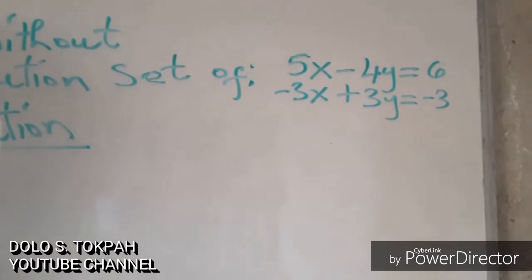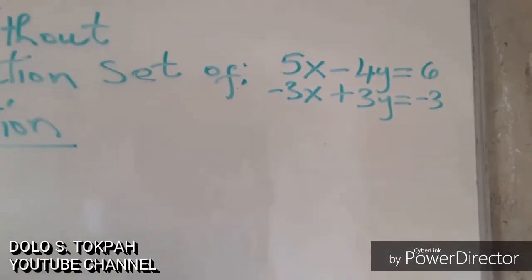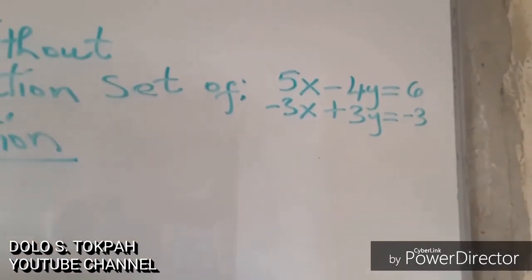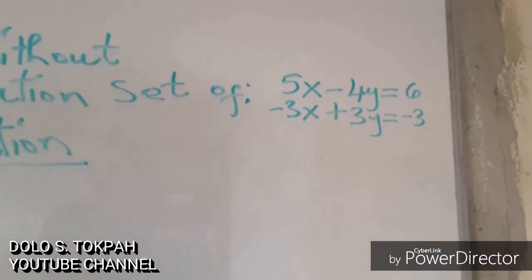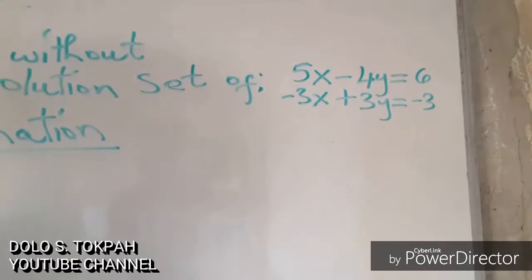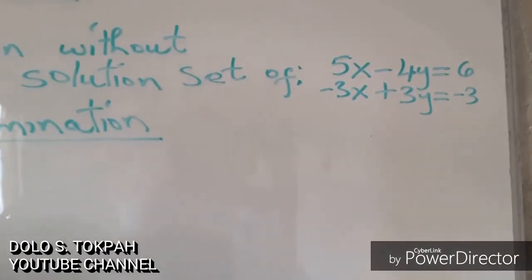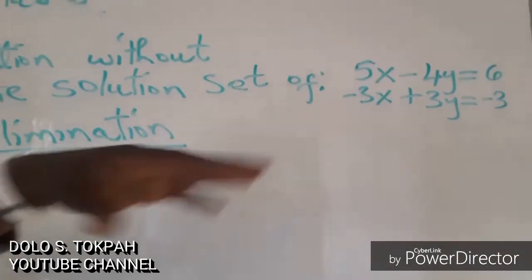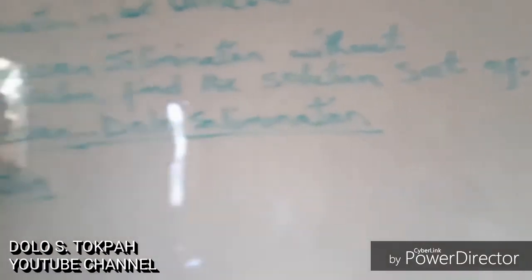Your goal in using Gaussian-Dolo elimination, like Gaussian elimination, is to capture the coefficients of the variables and the constant. So this is the augmented matrix we are going to use.